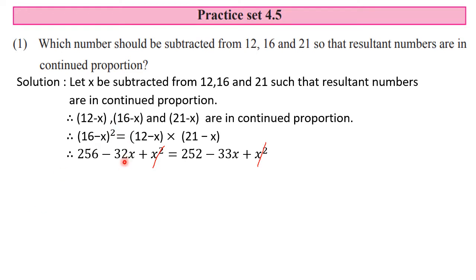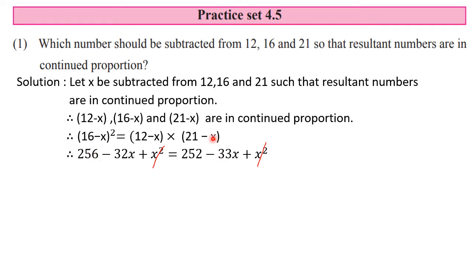Now we have to equate the like terms. So this 32x we will shift to the right hand side, or this minus 33x you can shift to the left hand side. Anyhow you can do. That means like terms with x we will write on one side, and the constants we will write on the other side.